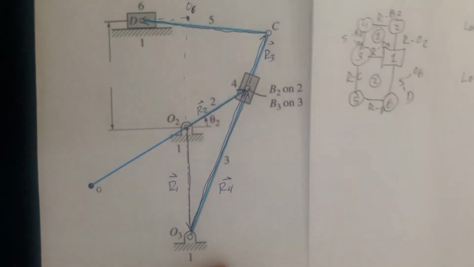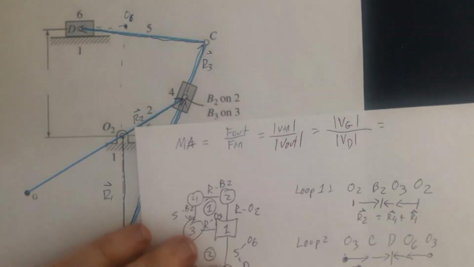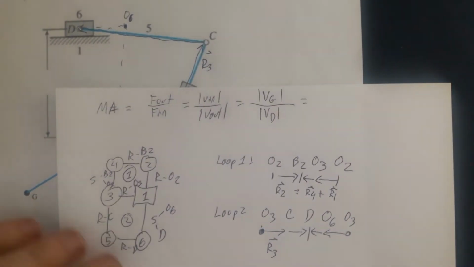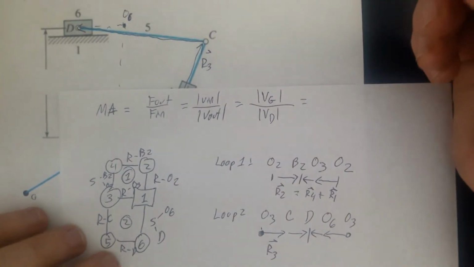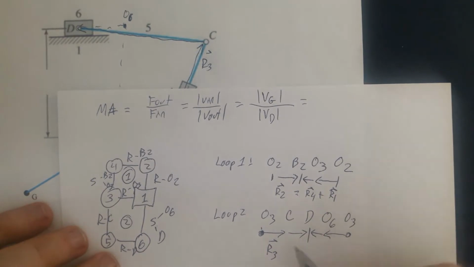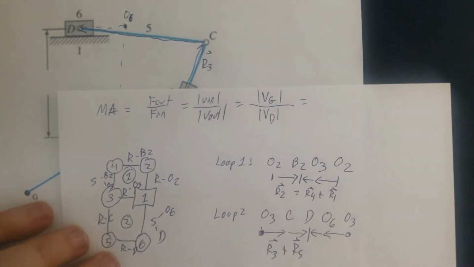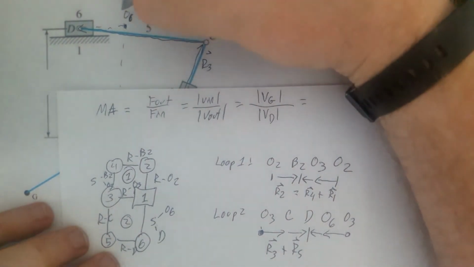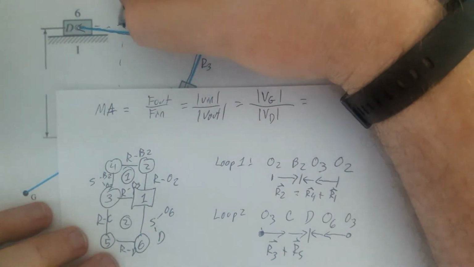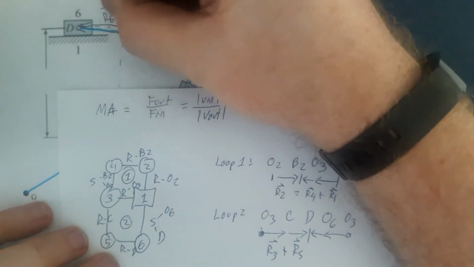And let me see if I can keep those sort of on the screen while I'm doing some drawing. Okay, so I've got R3 that went from O3 to C. C to D was R5. And then we're going to have O6 to D, which we can call R6.